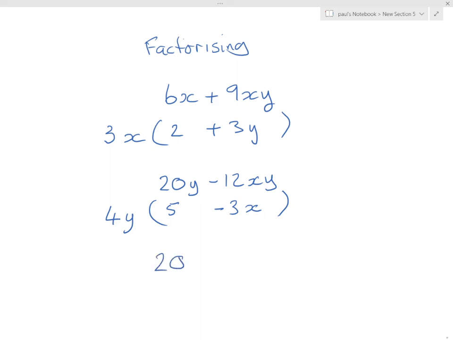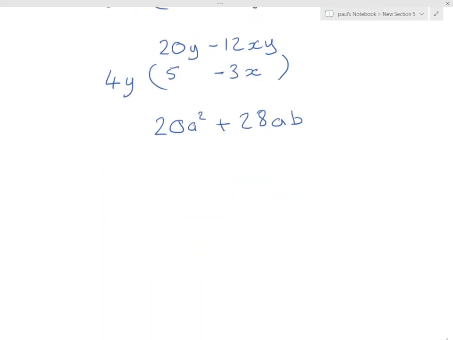So 20a squared plus 28ab. Right, so big brackets, big brackets. Highest thing that goes into 20 and 28 is 4. And we've got a's in both of them.